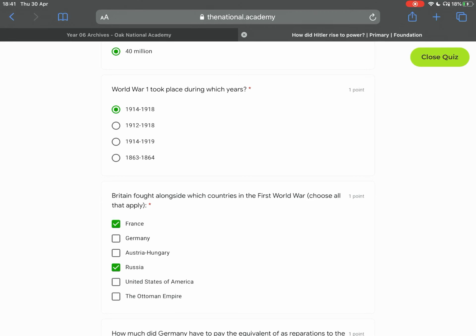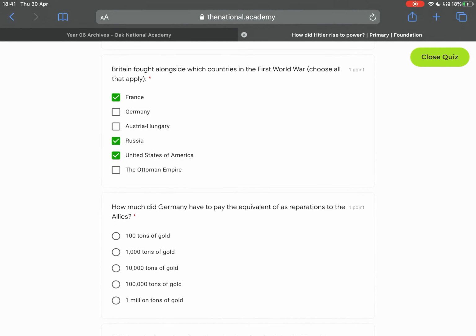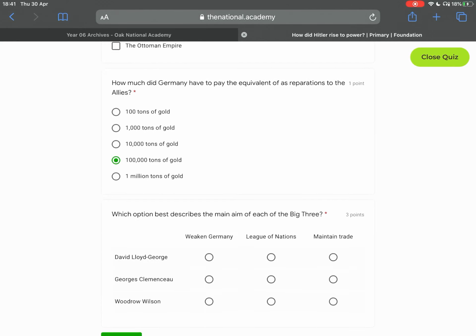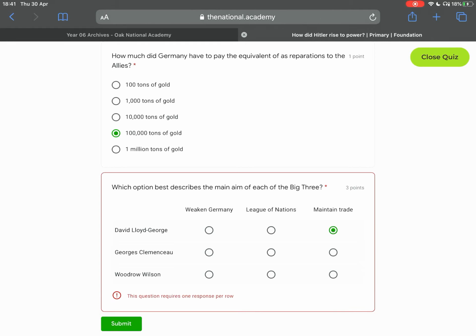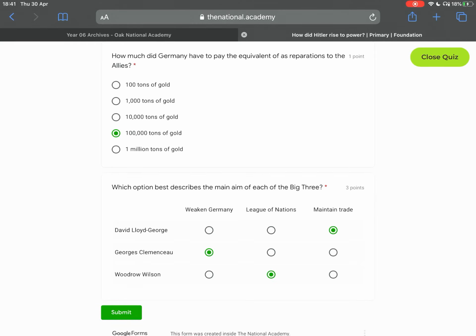France, Russia, and United States. How much did Germany have to pay as reparations to the Allies? 100,000 tons of gold. Which option best describes the aim of each of the big three? David Lloyd George, maintain trade. Georges Clemenceau, weaken Germany. Woodrow Wilson, League of Nations.